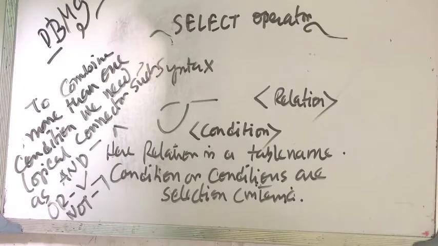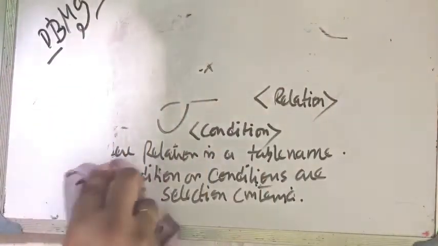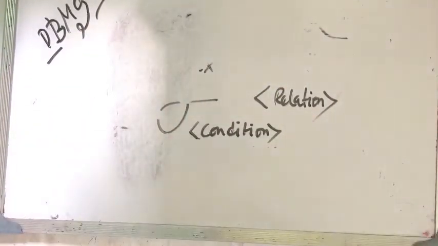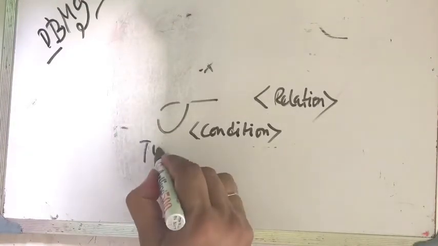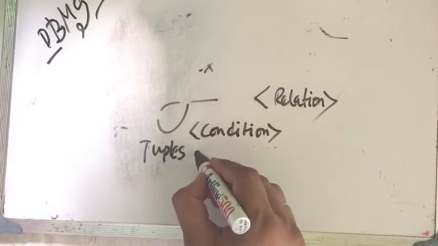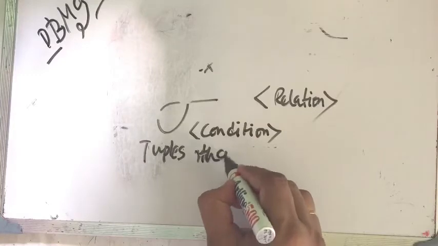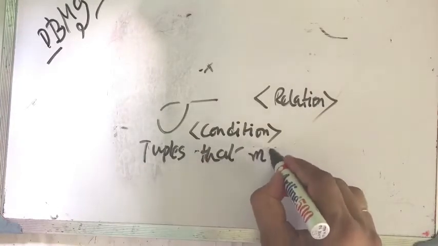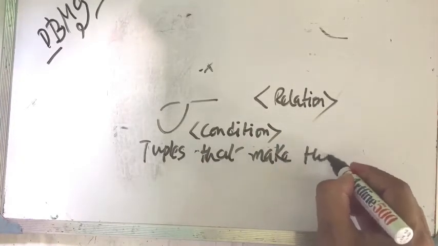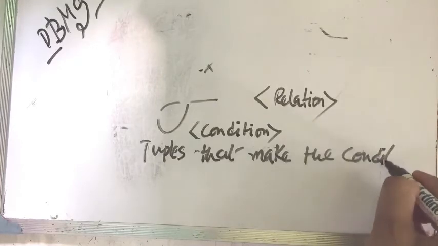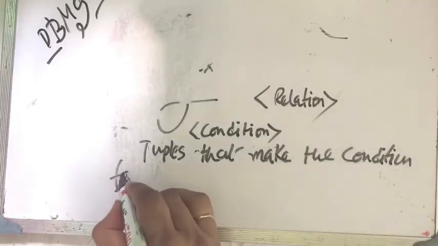Tuples that make the condition false are filtered out. These are the conditions. Tuples that make the condition false, it is a Boolean concept.